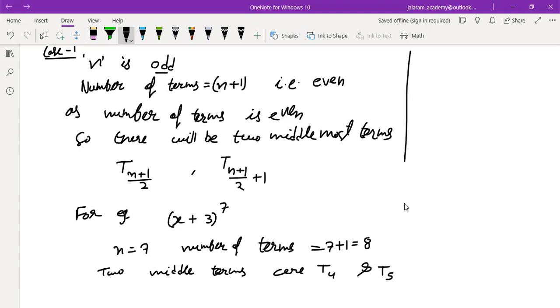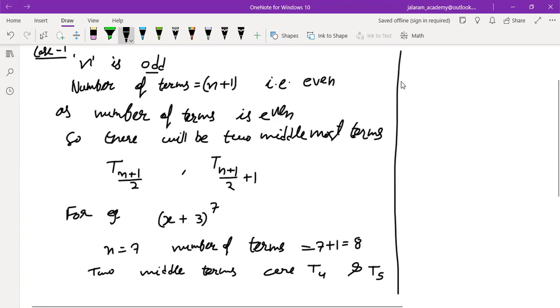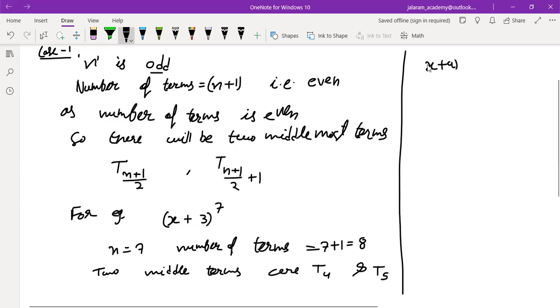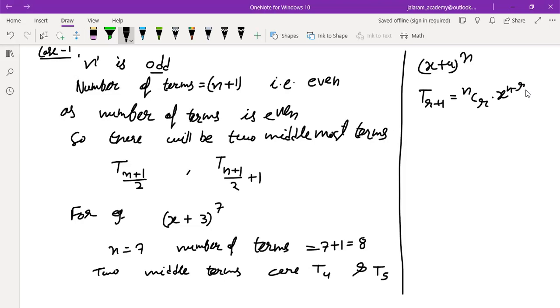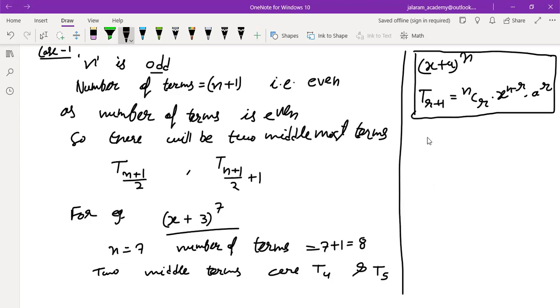Now we know that the formula in the expansion of (x + a) whole to the power n, T_(r+1) is given by nCr x^(n-r) a^r. So if we compare with this expansion (x + 3)^7, in place of x it is x, in place of a it is 3.